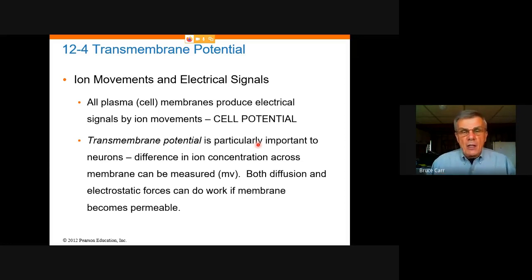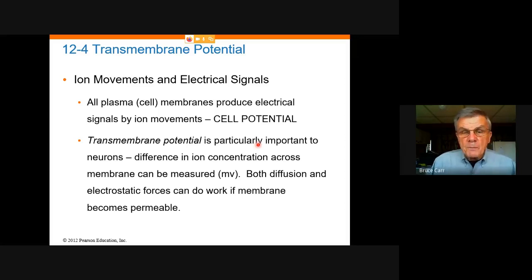So I want to make this point. A living cell has a measurable voltage, and sometimes it varies from region of the body to region. This cell potential, measured in voltage, voltage is like electrical pressure. It measures the potential to do work of an electrical kind.